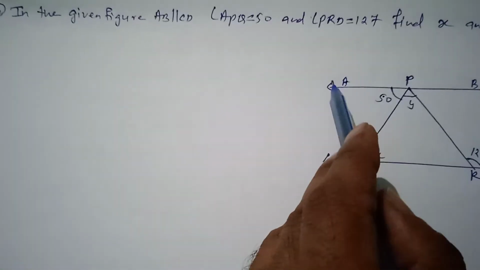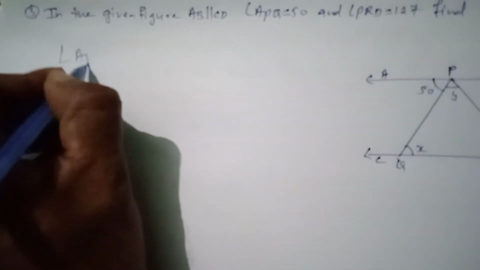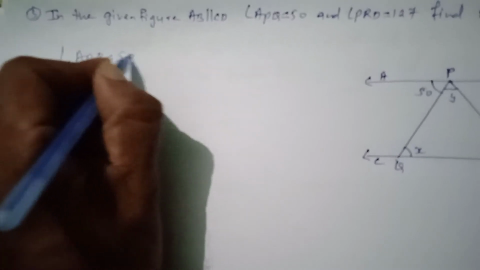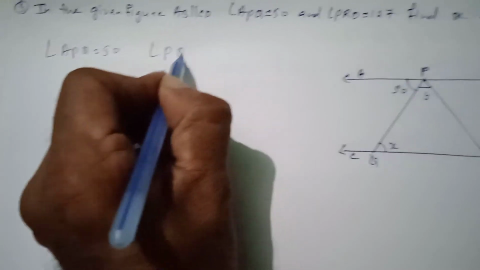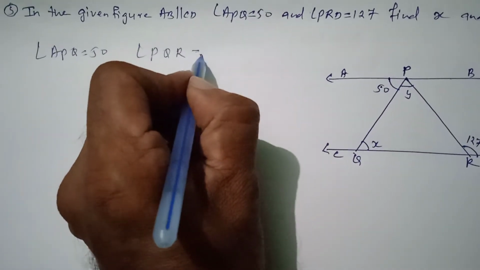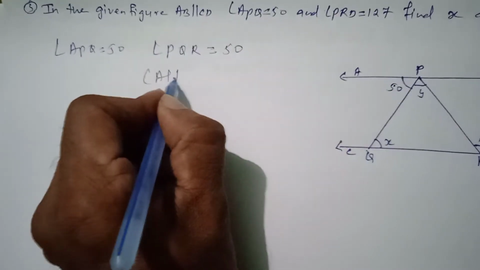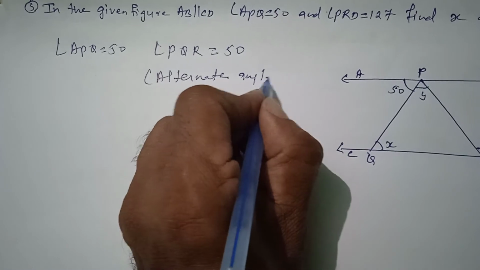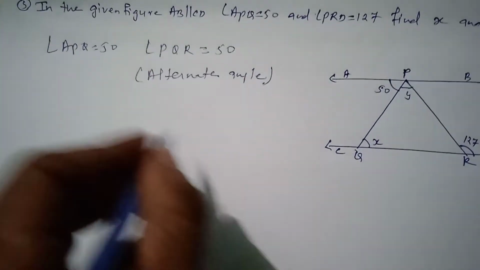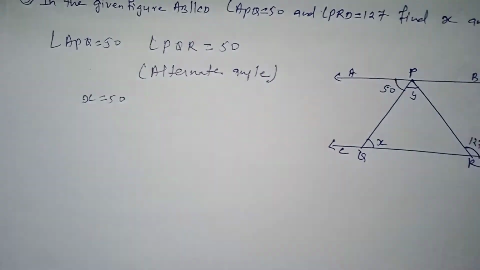So angle PQR is also 50, alternate angles, which means X is equal to 50 we are getting.